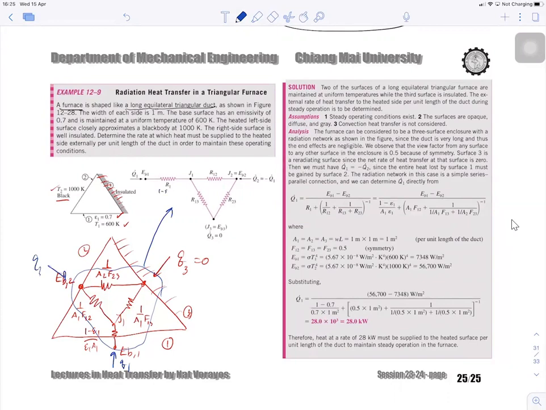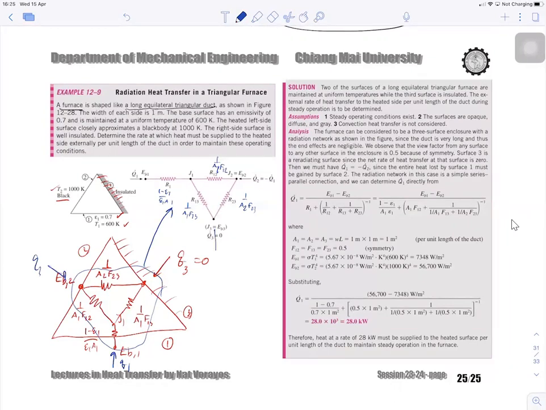R1 is going to be equal to (1 minus epsilon 1) over epsilon 1 A1. And this is 1 over A2 F23, 1 over A1 F13, and this is 1 over A1 F12.